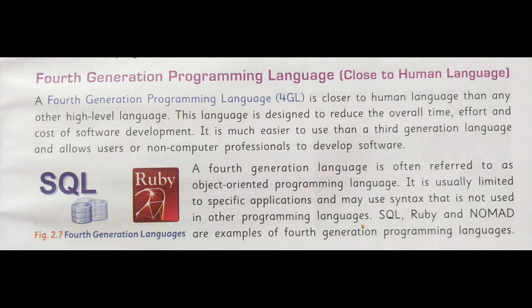A fourth generation language is often referred to as object-oriented programming language. It is usually limited to specific applications and may use syntax that is not used in other programming languages. SQL, Ruby, and Nomad are examples of fourth generation programming languages.